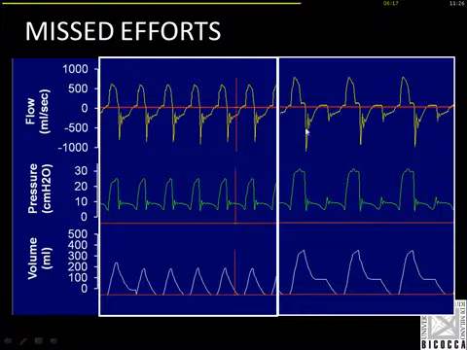And you see here how apparently moving from this condition to this condition, the respiratory rate seems to have doubled, but in fact the respiratory rate of the patient has not changed, because this was the real respiratory rate of the patient, 1, 2, 3, 4, 5, 6, but we only see 3. And so in this condition, the respiratory rate of the patient did not really change. We are just triggering every breath.